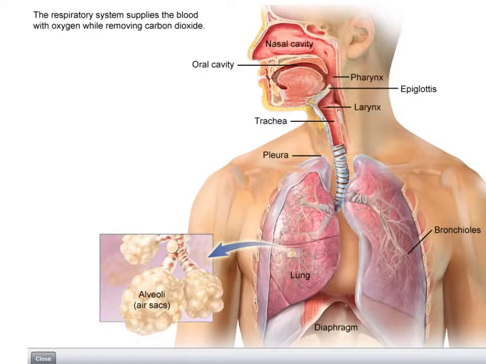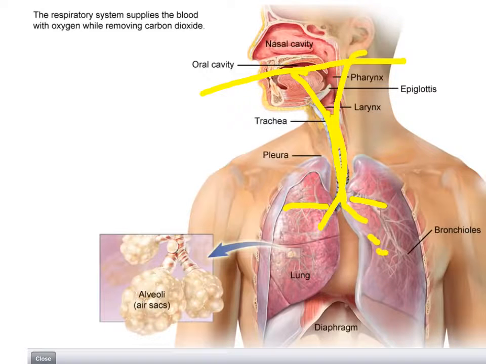The respiratory system is the first of the three big body systems that we'll talk about that support this delivery of oxygen so that cells can make energy and do what cells are supposed to do. The respiratory system can be thought of as an upside-down tree, where we have the root and the main trunk of the tree, and then it branches into large limbs and then smaller and smaller and smaller.